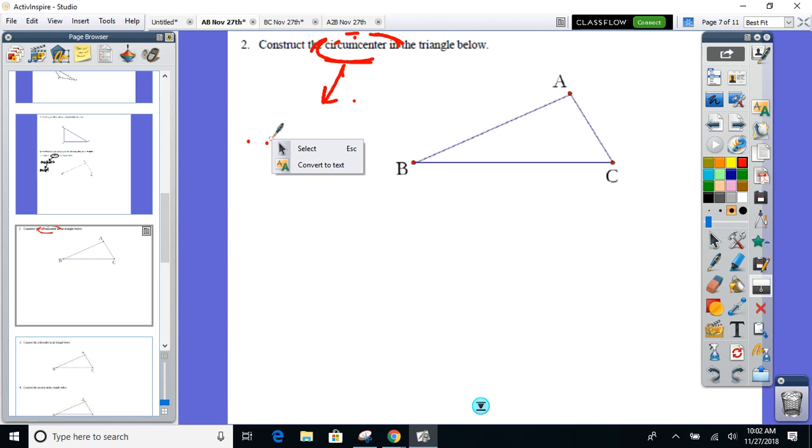We'll check it in a second to see if it's the right one. Now do it for a second side, because I need two that intersect each other.